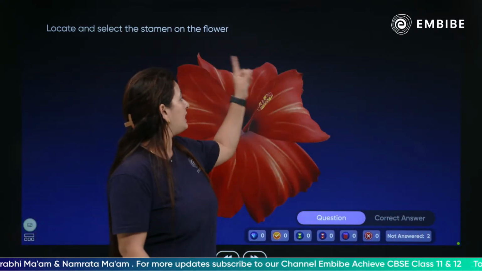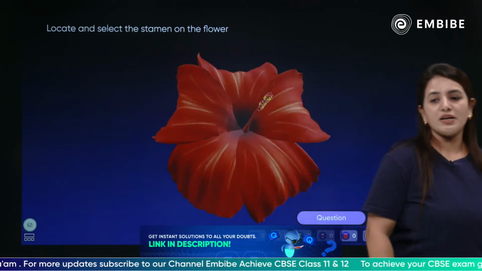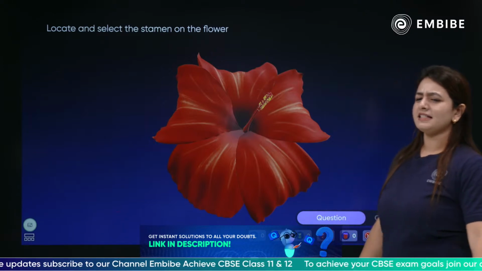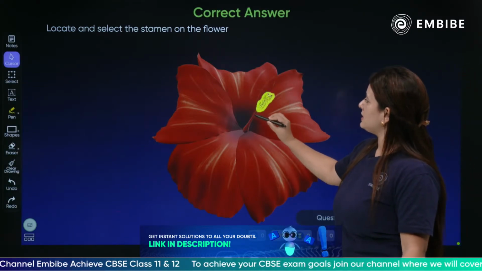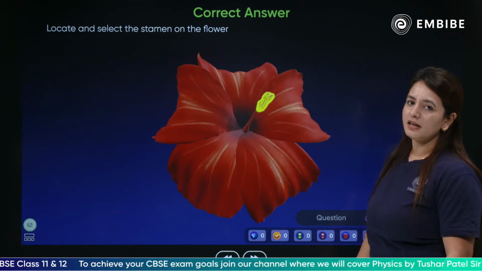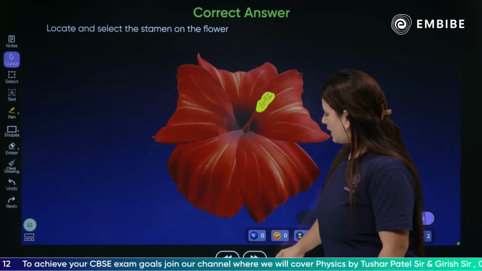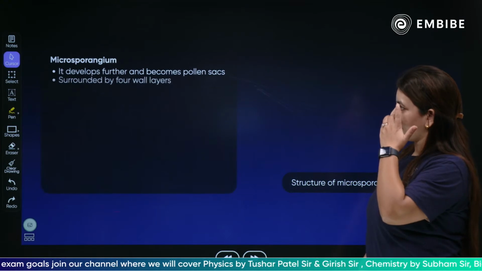So you have to locate which part of this flower is the anther. Which part of this flower is the anther? Very easy. You know this flower. This is the stamen of the flower, bearing the anther and the filament, which is the male reproductive part.